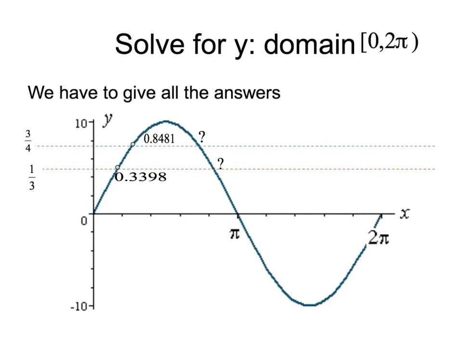And the question is, how do we find that? It's not as easy as just using the period and subtracting from 2 pi, because that would give us answers down here, and our graph is clearly not intersecting at those locations. So with sine, we're working off of pi. So drawing the picture, draw the graph.